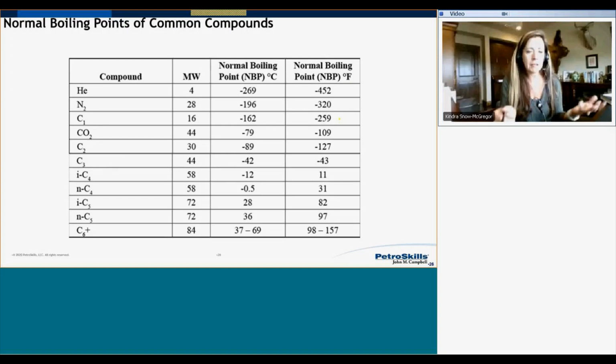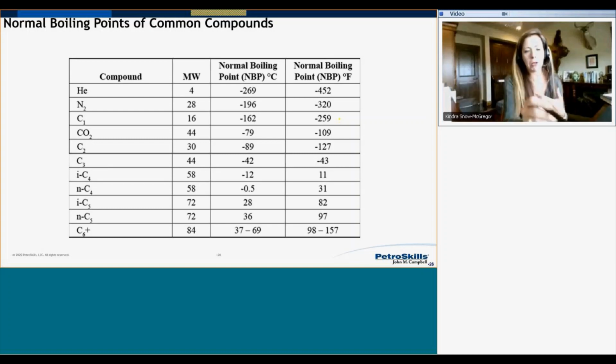You can see this gives you an idea of the normal boiling points of some common compounds. I want to pause a moment here because when I talk about fractionation, these columns are essentially separating the components based upon their boiling points. Another way to look at that, something a tad bit more complex, is this idea of relative volatility.